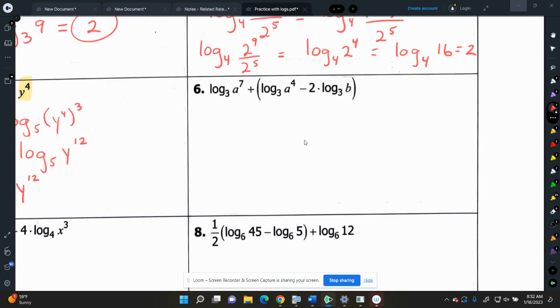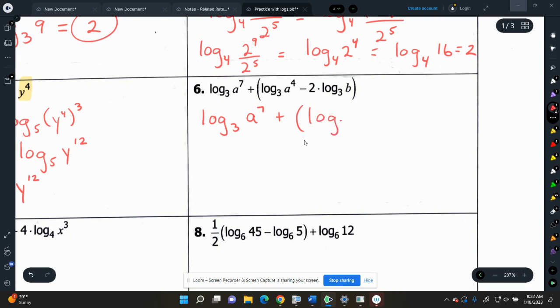All right, number 6. Let's see, we're going to work inside the parenthesis first. So log base 3 of a to the 7 plus log base 3 of a to the 4th minus log base 3 of b to the 2nd, right? Which is going to give me, inside the parenthesis, log base 3 of a to the 4th over b to the 2nd.